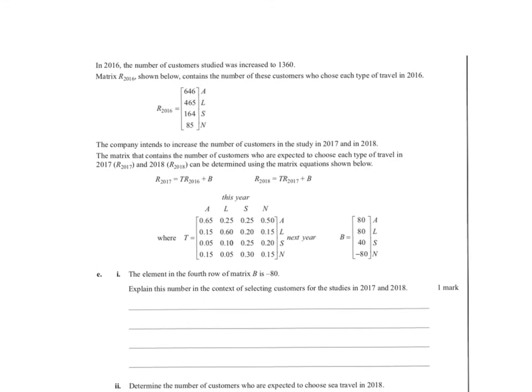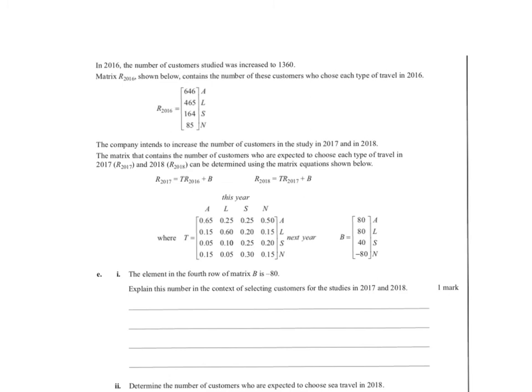In 2016, the number of customers studied was increased to 1360. We've got matrix R shown below, which contains the number of these customers who chose each type of travel in 2016.